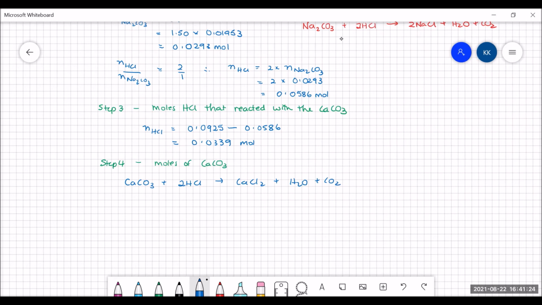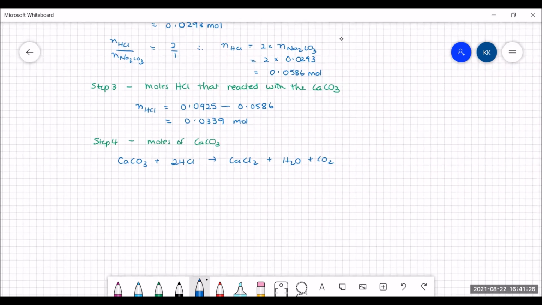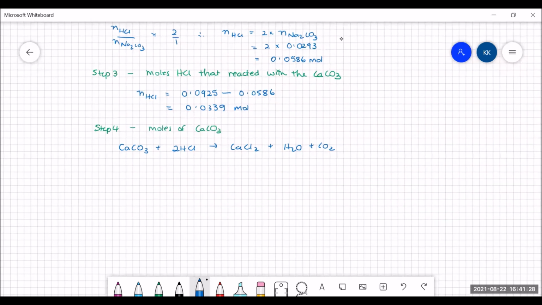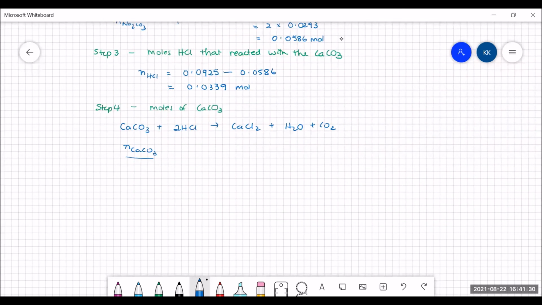So we want the moles of calcium carbonate, sorry. So its mole ratio with hydrochloric acid, which is what we know, is 1:2. A little bit of algebra will then tell us that the moles of calcium carbonate is half of the moles of HCl. So that is half of 0.0339.